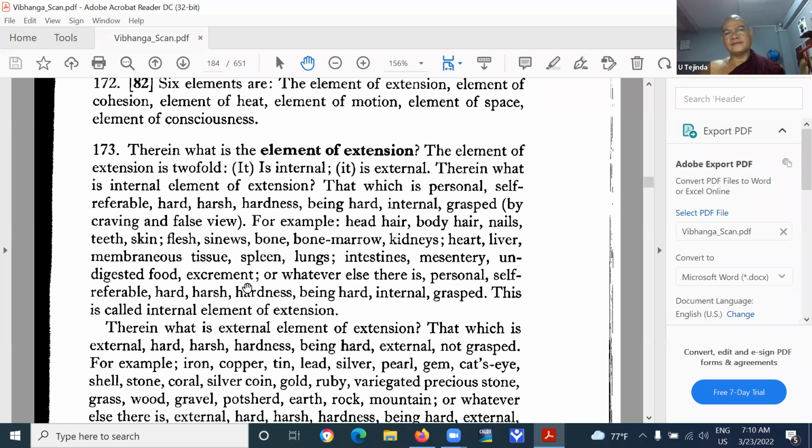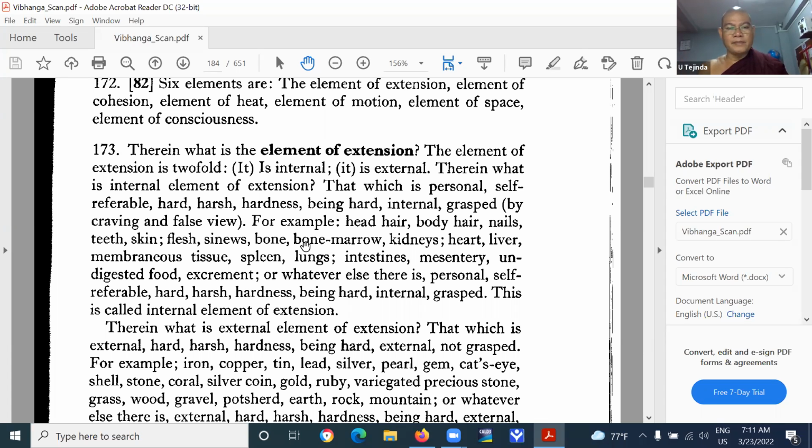So here one is missing. Matthalunga, I think the brain. Yes, the brain. The brain is missing here. In the Abhidhamma, the Buddha did not mention the brain. But in the Buddhist Abhidhamma, there is the brain. But the Anutika said the brain is similar to the Atimeja, bone marrow.